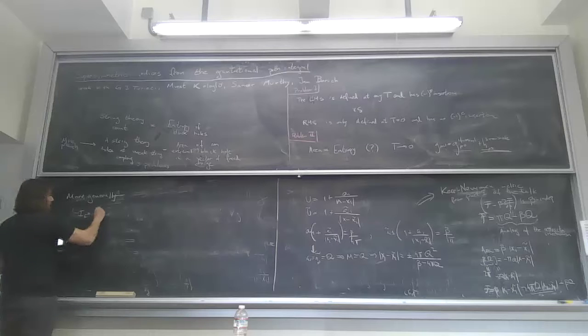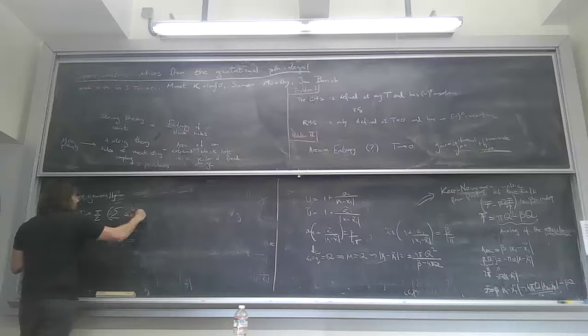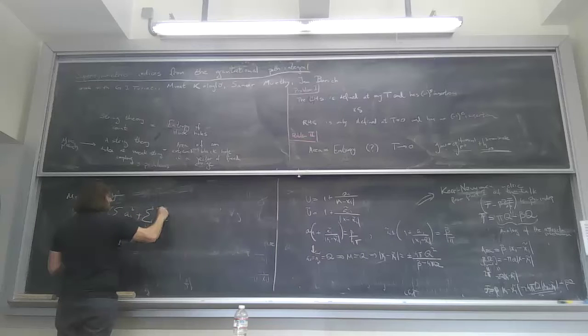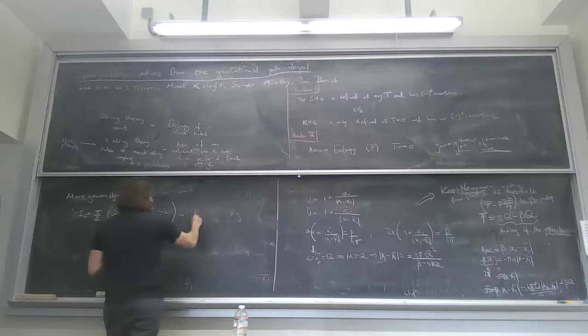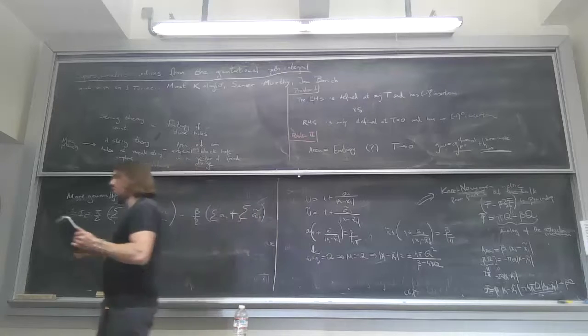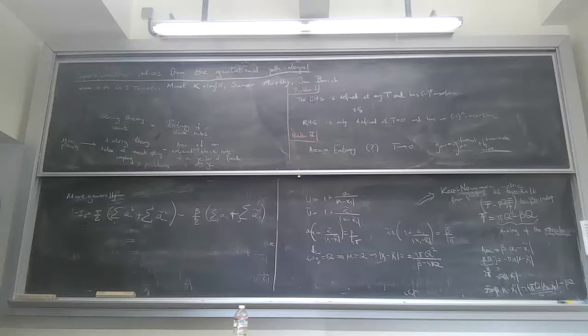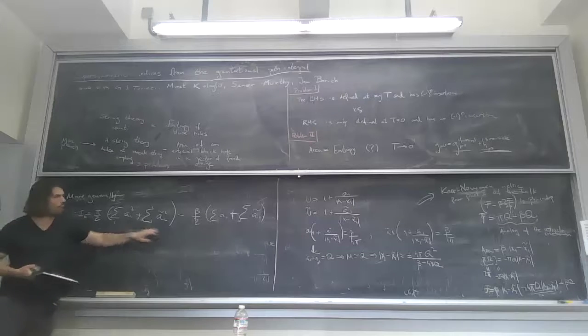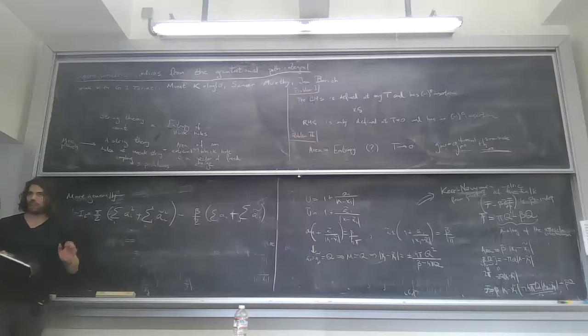In the following sense, you find that the action is π/2 Σ a_i² + Σ ã_i² − β/2 (Σ a_i + Σ ã_i). So you give me the charges of these north and south poles, and this is their overall contribution of this configuration at leading order in G Newton to the index.